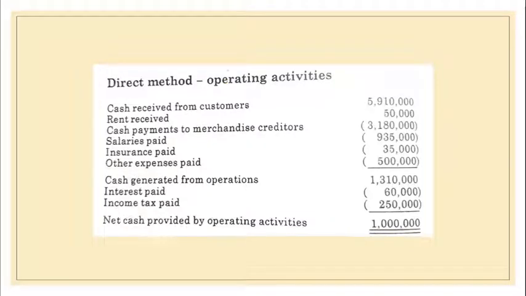So, again, this method only applies to operating activities. There is no direct method for your investing or financing, okay? Now, according to PAS 7, entities are encouraged to report cash flows from operating activities using the direct method. So, it is only encouraged. It is not compulsory for your entity to use.